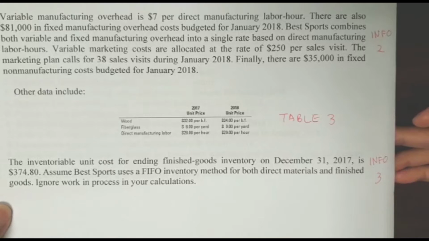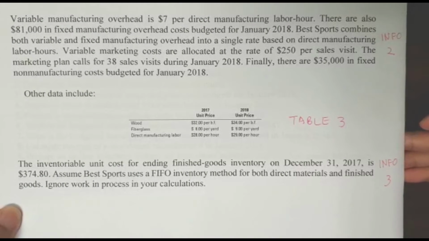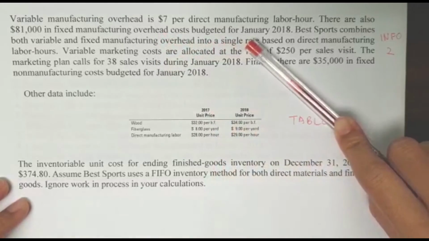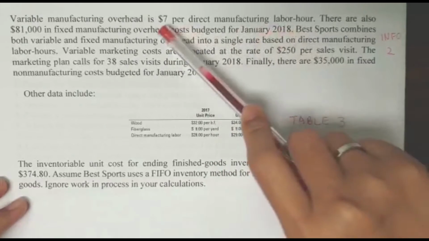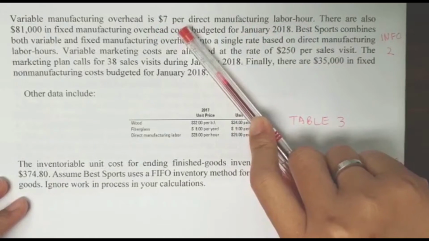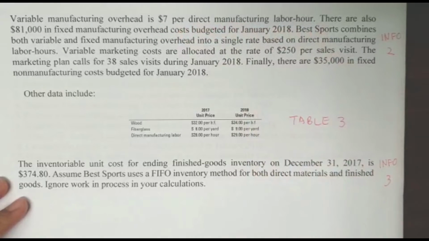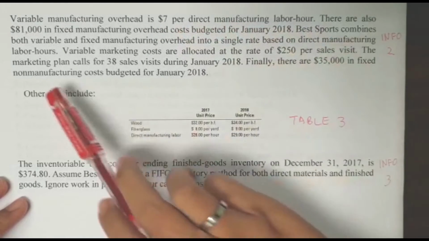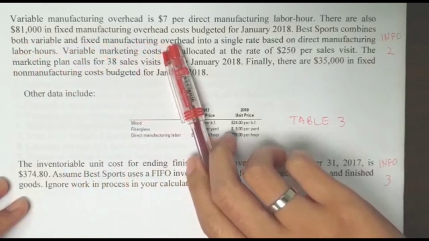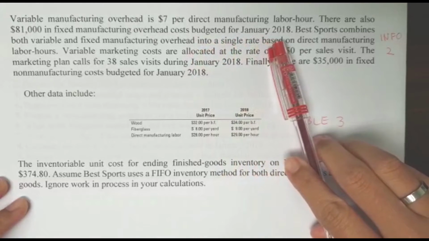Alright, here is basically other information given to you. We continue our questions. Variable manufacturing overhead is $7 per direct manufacturing labor hour. Okay, so this information is important because it refers to $7 based on direct manufacturing labor hour. There are also 81,000 in fixed manufacturing overhead costs budgeted for January 2018.